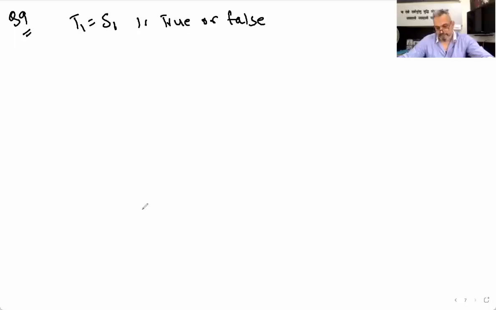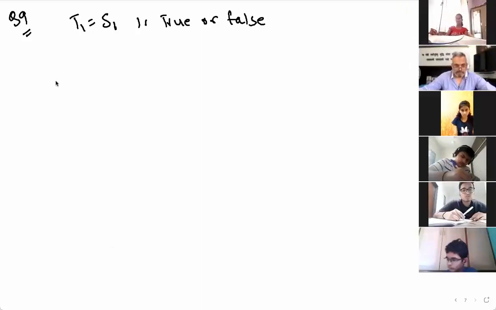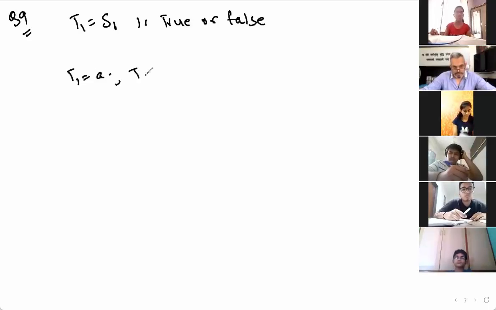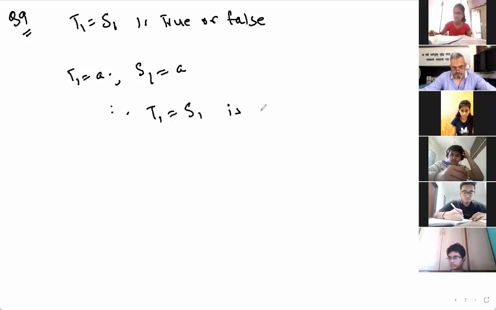Can you tell me the answer for this? Is this true or false? True. It is true because T1 is equal to A and S1 is the first term, so S1 is also equal to A. Therefore, T1 is equal to S1 is true.